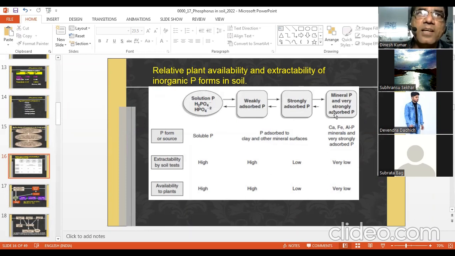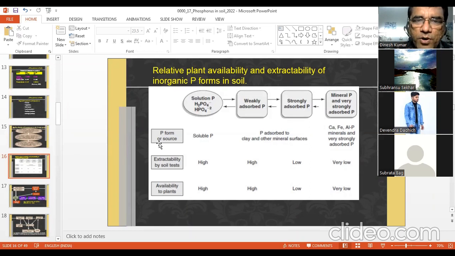This is in tricalcium phosphate or octacalcium phosphate form, or maybe apatite. Here it is the level of apatite. It is aged or non-labile, and this is labile. This is a kind of labile, and this is your available or soluble, in the soil solution. Is it clear? This is available, this is labile, this is non-labile, and this is insoluble.